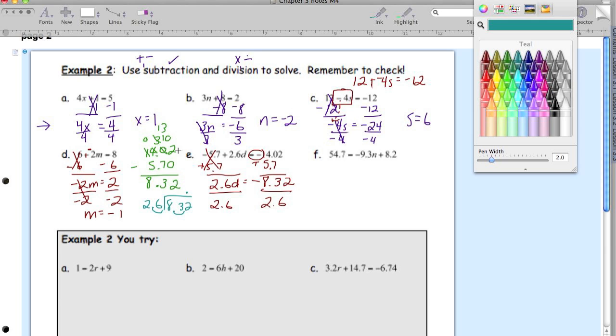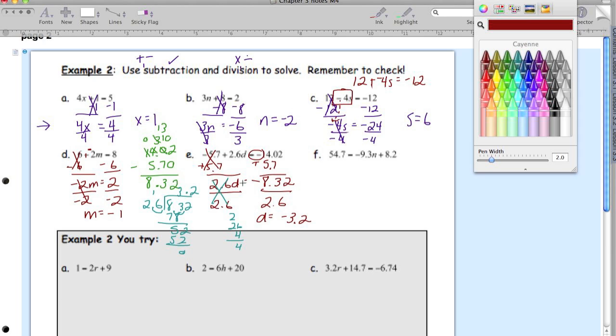I can work that out. I'm running out of room. How about 26 times 4? Nope, way too big. So how about 3? 26 times 3 is 78. There we go. And I'm going to get 5, bring down my 2, and it goes in twice. So whenever I divided by 2.6, that went away. D comes down, and my answer is negative 3.2.